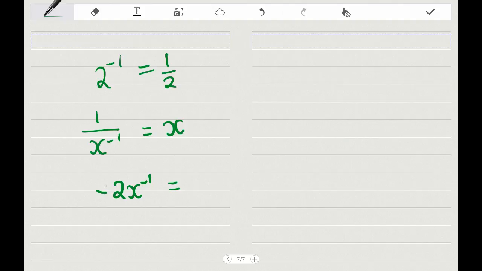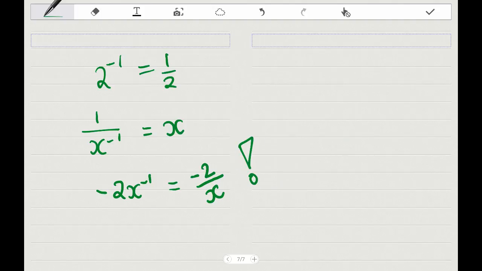Now, we're not going to change the sign. The overall sign of this thing is still minus. That does not change. What changes is the sign of the exponent. The 2 will remain in the numerator. Why? Because the 2 has no negative exponent. So the 2 remains in the numerator and only the x moves to the denominator. And its exponent now becomes positive. Please, this is very important.